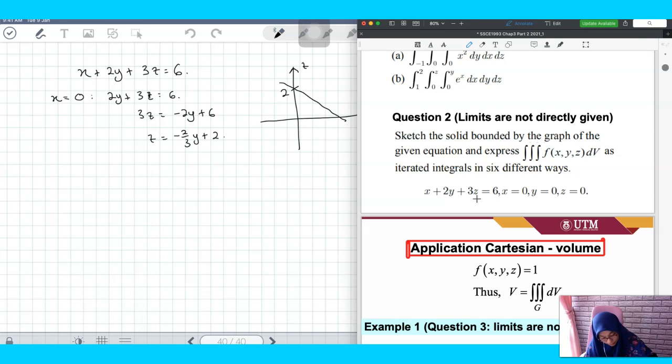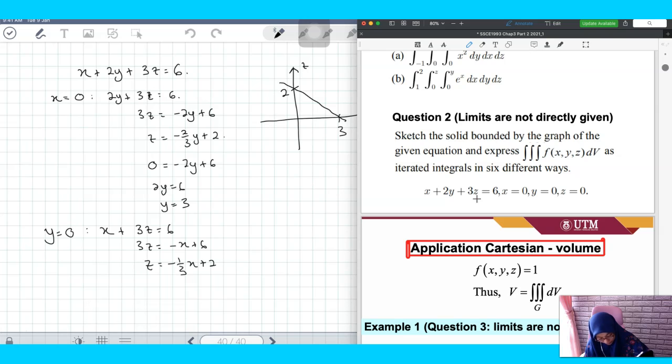Z is 2. So when z is equal to 0, you will have minus 2y plus 6, 2y equal to 6, so y is equal to 3. Okay, and then when y equal to 0, you have x plus 3z equal to 6, 3z equal to minus x plus 6, z equal to negative 1 over 3x plus 2.